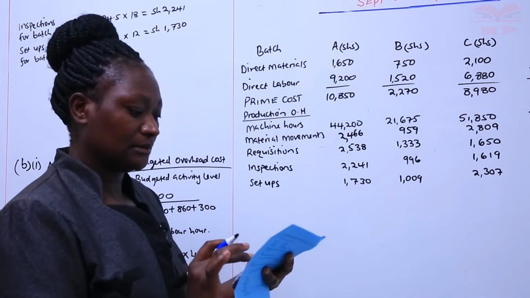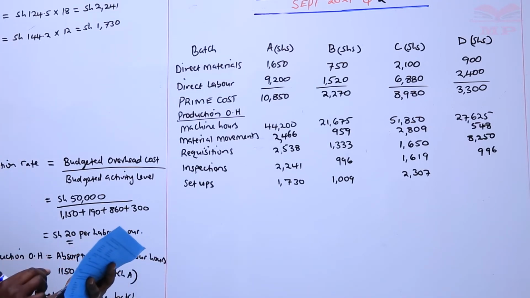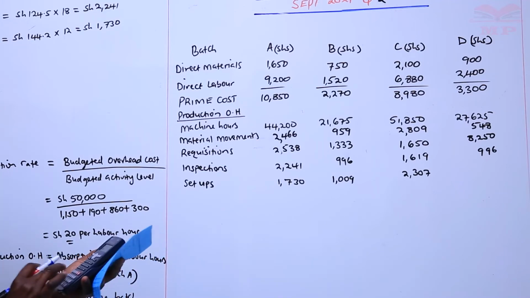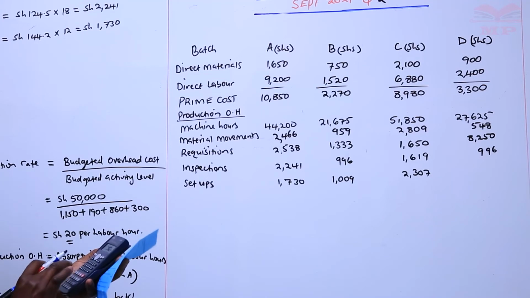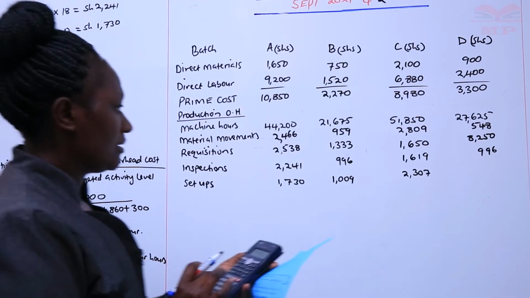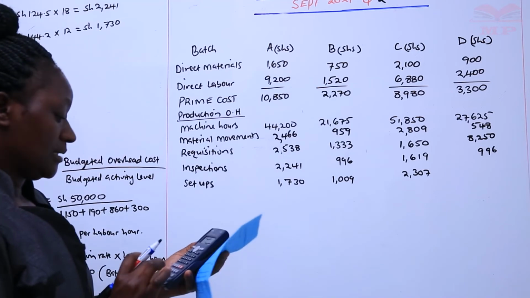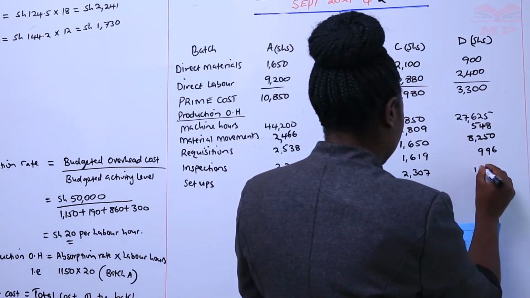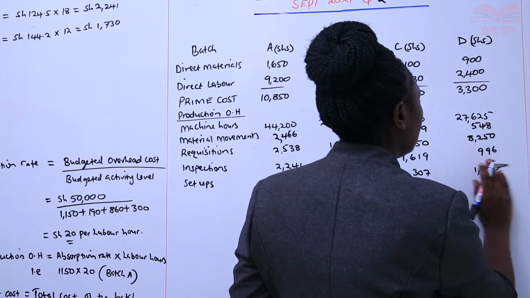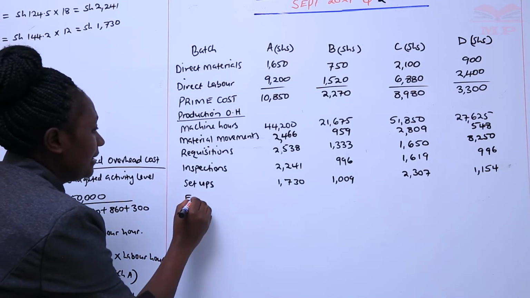Then the last one, for D, is 144.2 multiplied by 8, which will give us 1154. Then the last one is engineering.